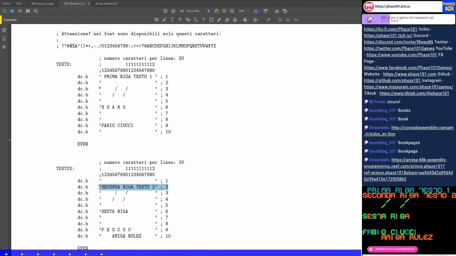The third and fourth lines have something, and the same on the second bit plane, and this continues like this. If we take the S, it is common to both, but the E is not.